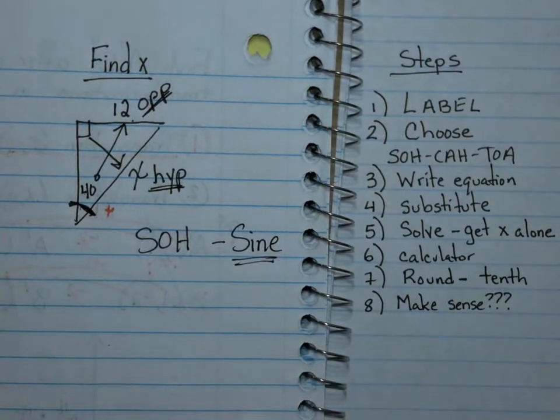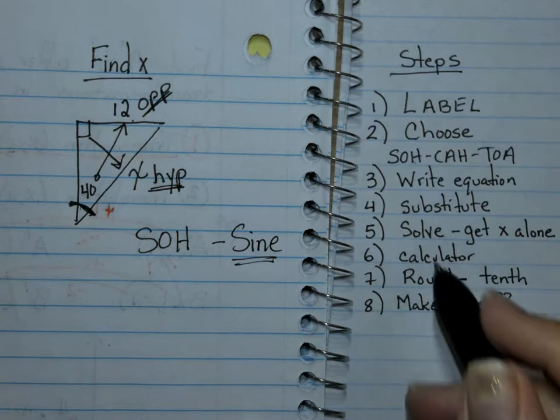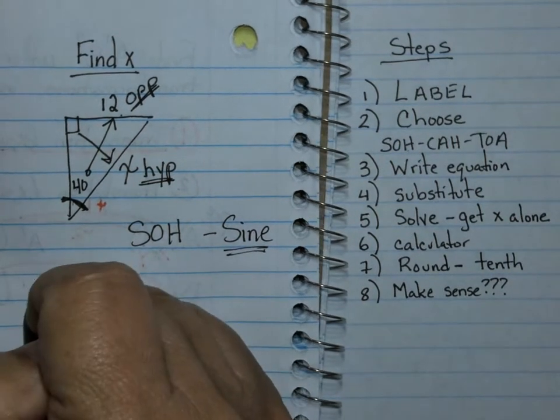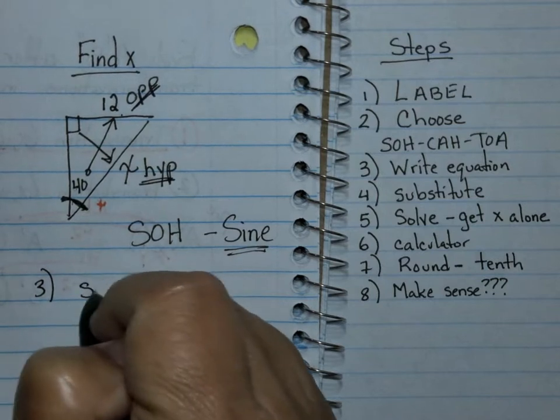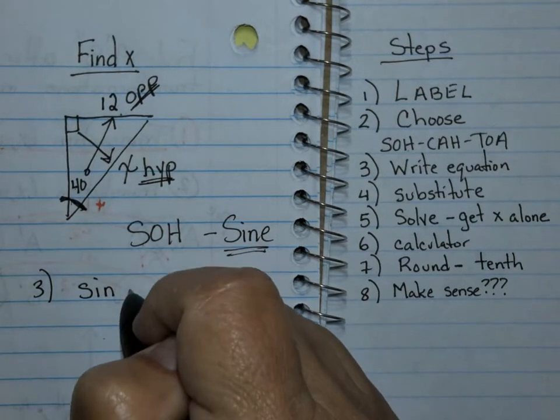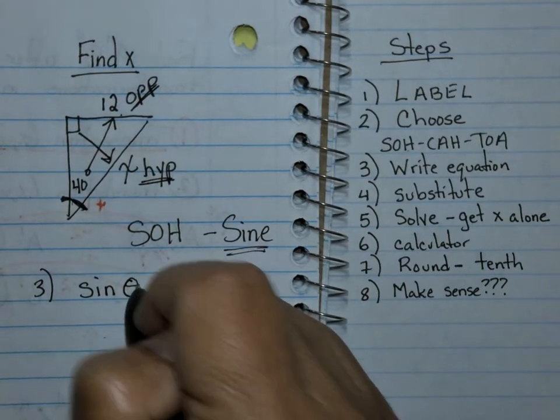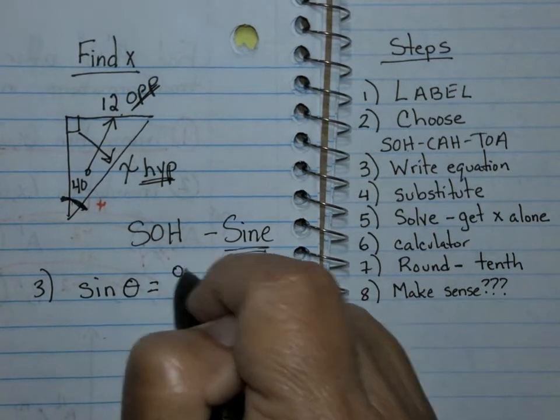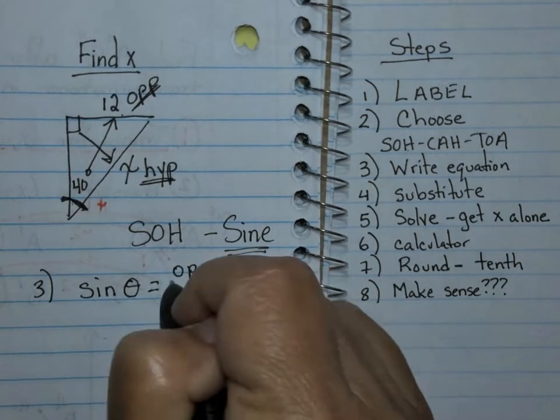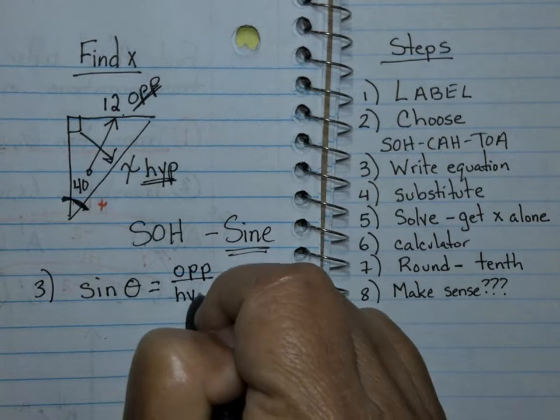Alright? So now we chose that. That's step 2. Now step 3, we're going to write the equation. From our work the other day, sine theta equals opposite over hypotenuse.